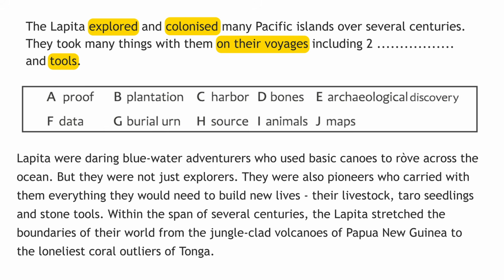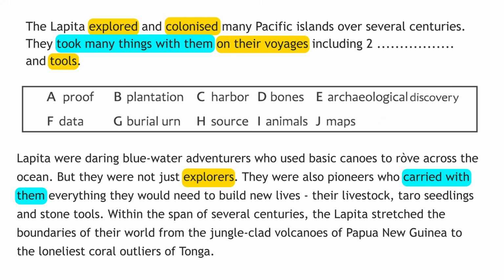And we come across this part of the text in which explorers are used. Lapita were daring blue water adventurers who used basic canoes to rove across the ocean. But they were not just explorers, they were also pioneers who carried with them.